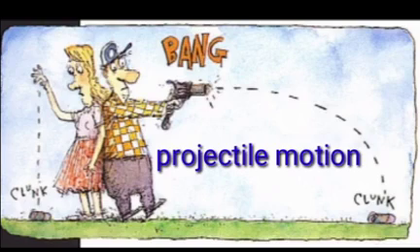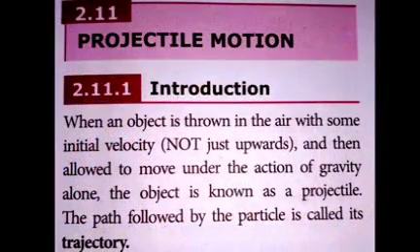Now we will discuss projectile motion elaborately. Students, first of all, we are going to see the introduction of projectile motion. So what is projectile motion? When an object is thrown in the air with some initial velocity, that is, if we throw any object with some speed or force, then it is allowed to move under gravity.